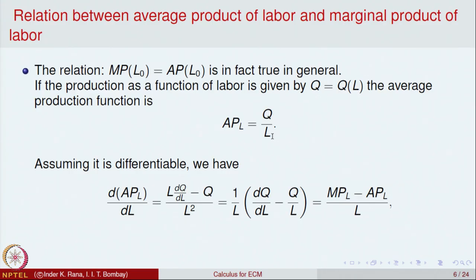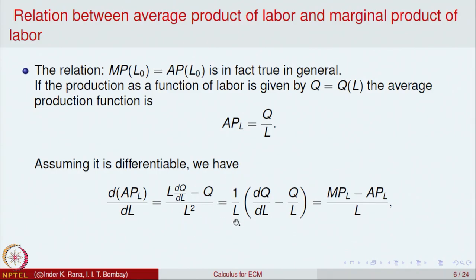So, what does the quotient rule give? It is the one function divided by the second function squared: the second function as it is times the derivative of the first function, minus the second function... sorry, minus the first function into the derivative of the second. So, L squared in the denominator, and in the numerator L into dQ/dL minus Q, since the derivative of L is 1. So, this is the derivative.